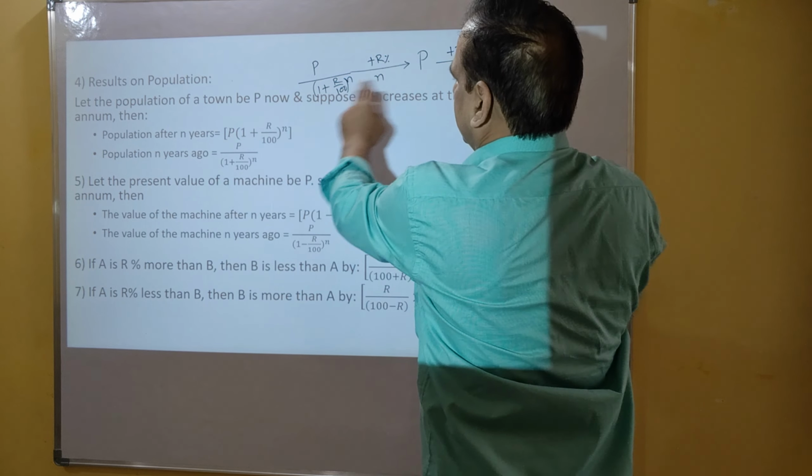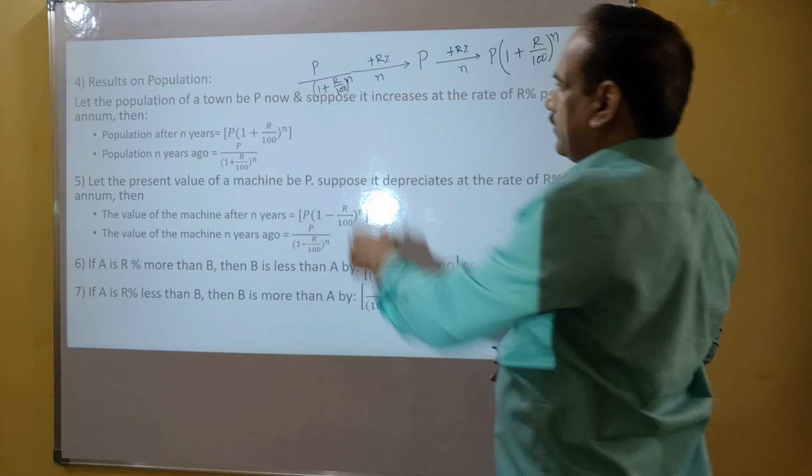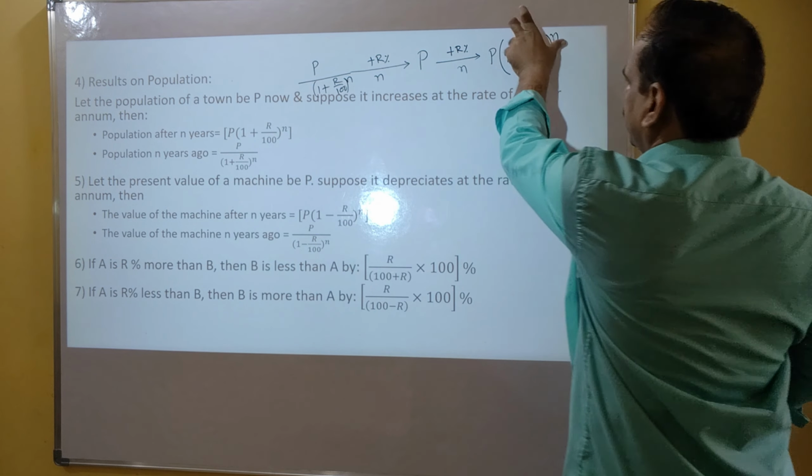Then it is P by 1 plus R by 100 whole power n. The current population is P. After n years, it is multiplication, P into this quantity. If you want to find the population n years ago, you have to divide by this quantity.